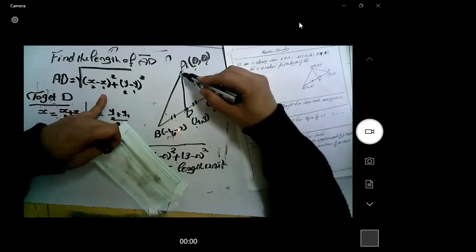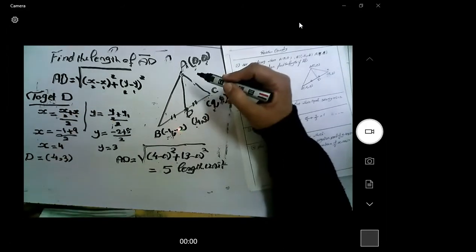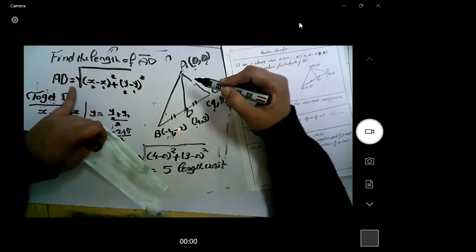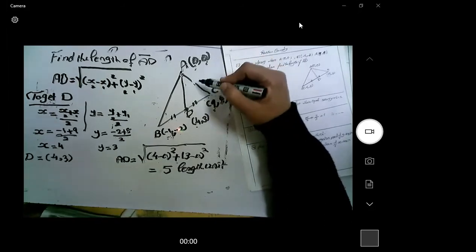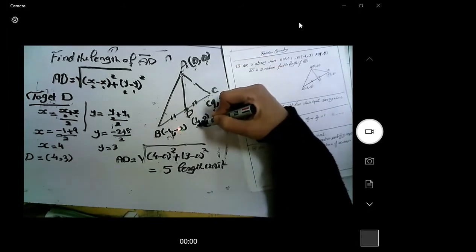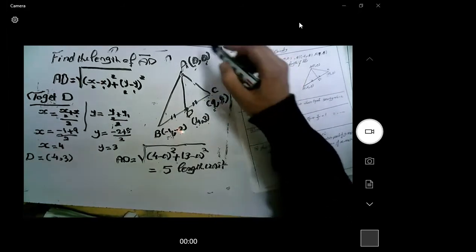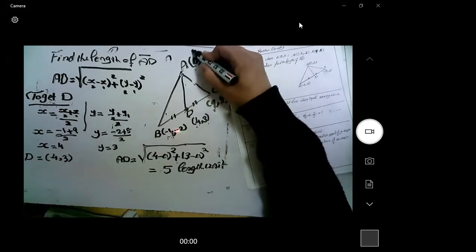The rule is AD equals the square root of (x2 minus x1) all to the power 2, letting D be x2, y2 and A be x1, y1.